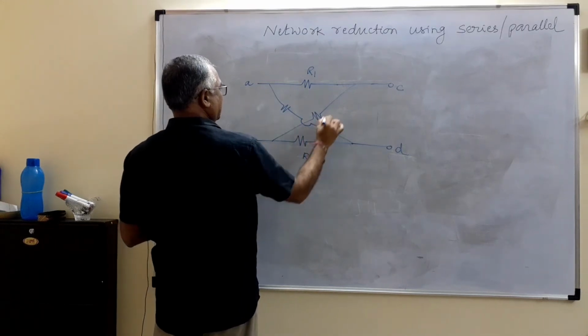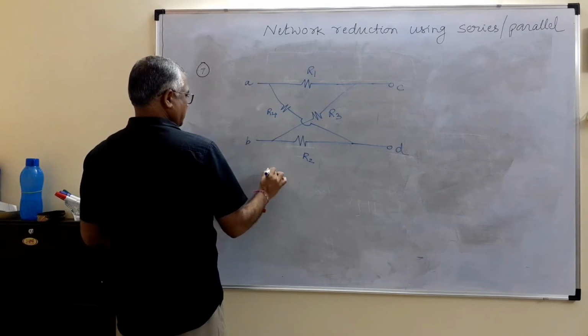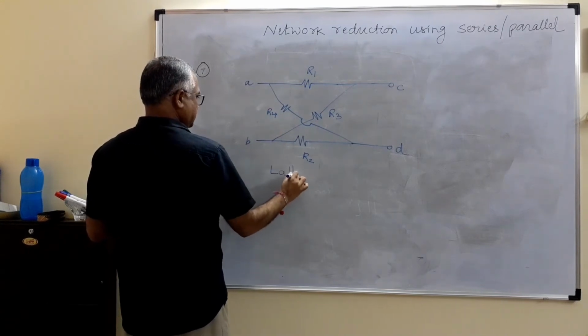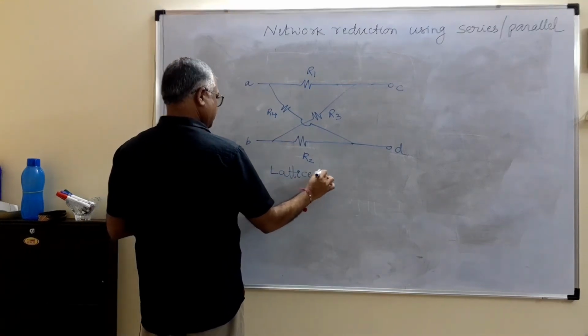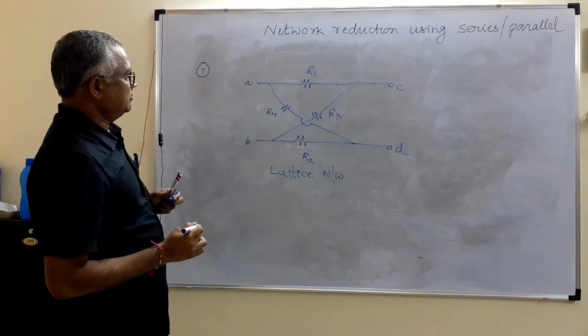Unsymmetrical R1, R2, R3, R4. So the name of the network is lattice. Lattice network.